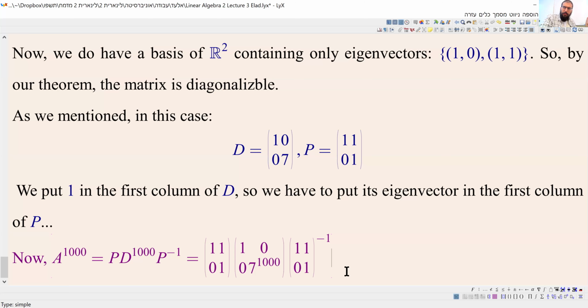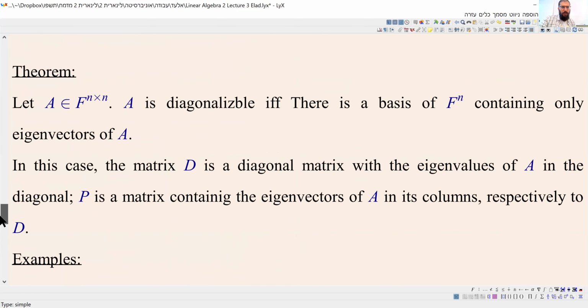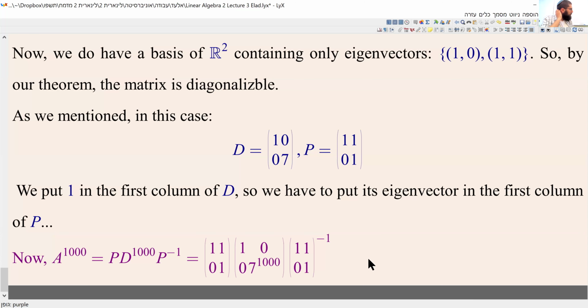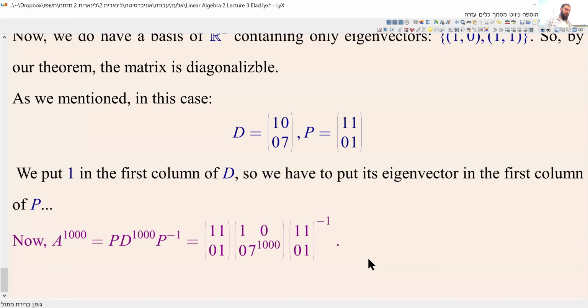Any questions about the process of diagonalization? Again, we're not going to prove the theorem. It's a bit long and needs some reminders from the previous course. We'll be fine if we only know how to do it, not just proving it.